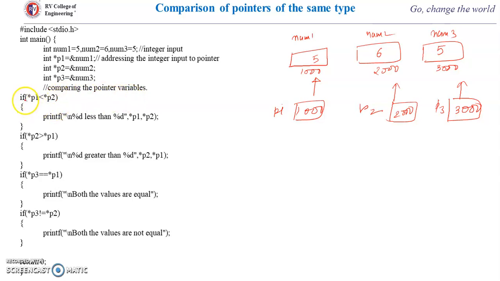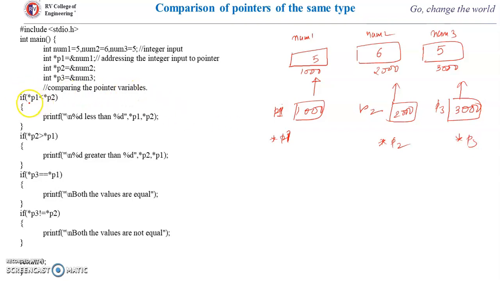When we want to compare the values, we always have to write star p1. When we just say p1, it means the address of num1, p2 means the address of num2, p3 means the address of num3. But when we want to compare the value stored at this address location, I need to write star p1, star p2 and star p3.